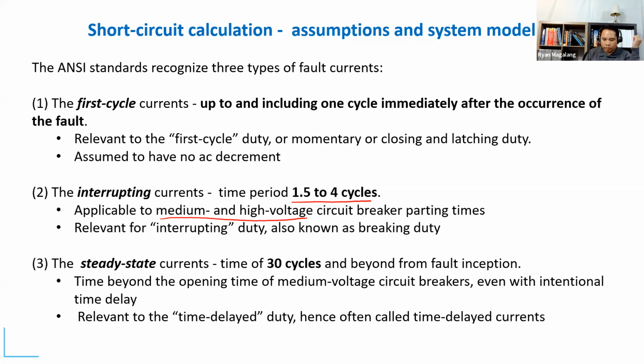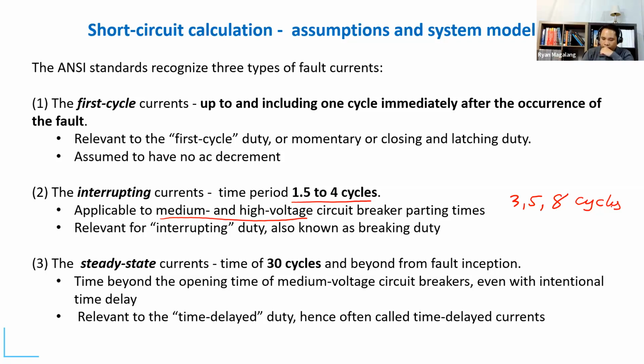Circuit breakers, the medium and especially high voltage breakers, are rated 3, 5, and 8 cycles. So that is the operating time of this breaker. What does this mean?